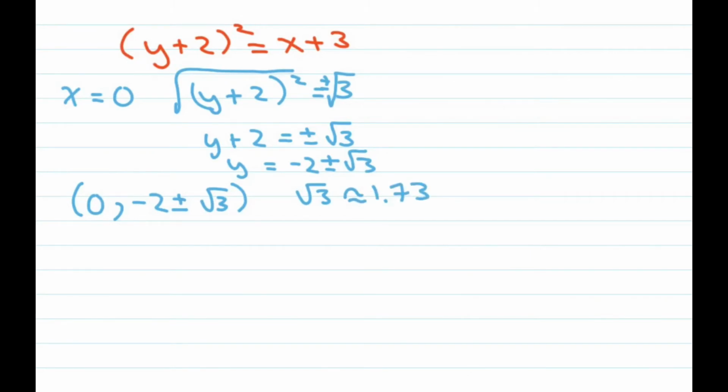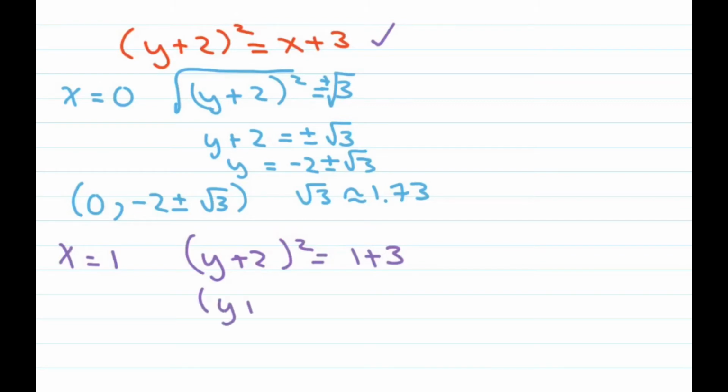Now, we also have x equals 1. So when x equals 1, we're going to plug that in. So you get y plus 2 squared equals 1 plus 3. And that's just 4. So y plus 2 squared equals 4. You square root both sides, you get y plus 2 equals plus or minus square root of 4.